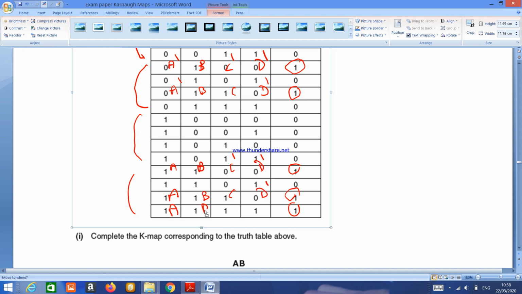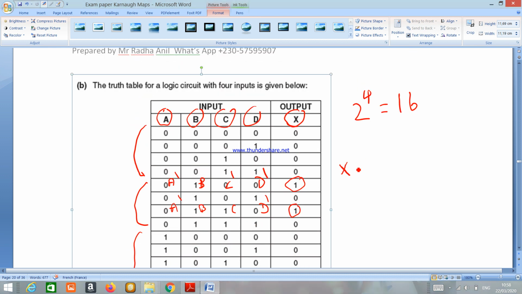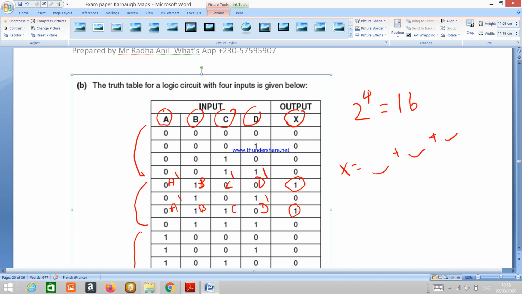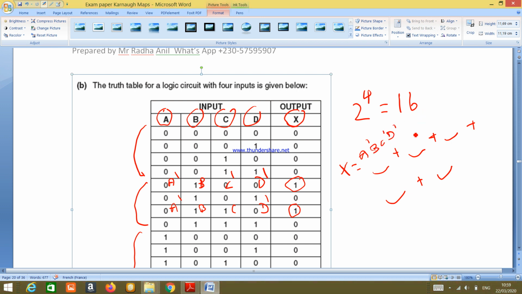This is A, B, C and D. So you can write the expression if you want. The expression can be X equal to the first term plus the second term plus the third term plus the fourth term plus the fifth term. The first term will be A dash, B, C dash, D dash, and like this, A dash, B, C, D dash, and so on.